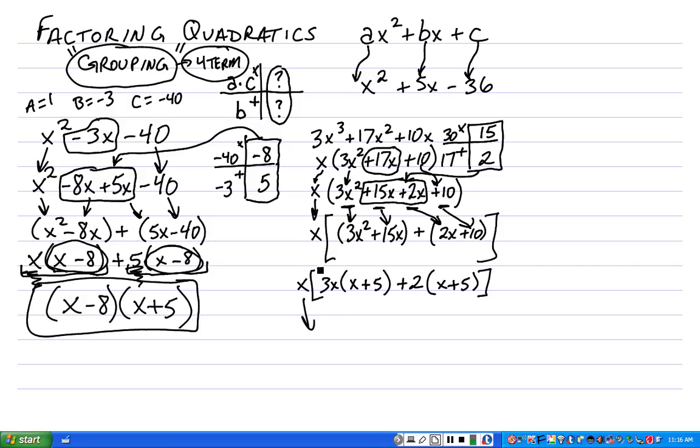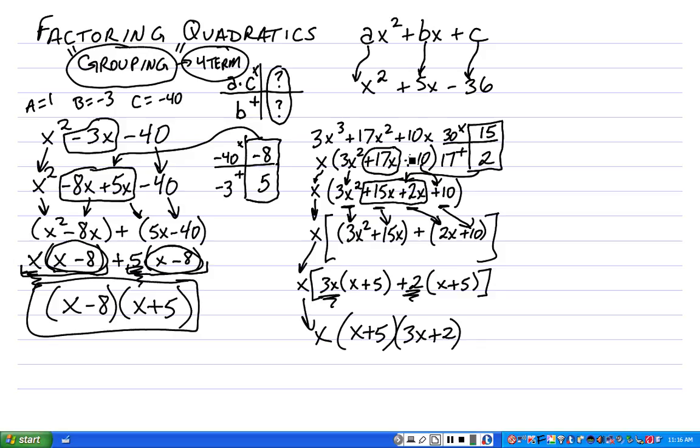So I keep my x, right? I factor out x plus 5, and then I write what's left, which is the 3x and the plus 2. And there you go. So if you said x plus 5 times 3x plus 2, you would get, where is it? Where are we?